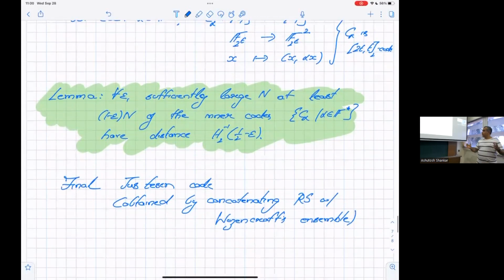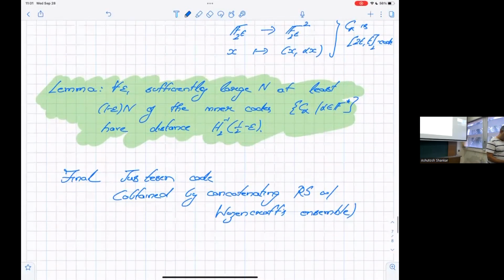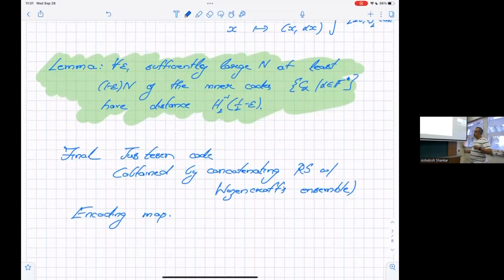So I want to now explicitly give you what the code is. So recall the encoding, I'm going to give the encoding map. What was Reed-Solomon doing? It viewed the input as the coefficients of a low degree polynomial, evaluated it at various points alpha.